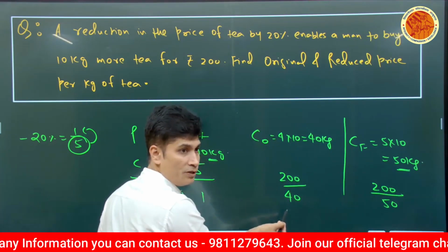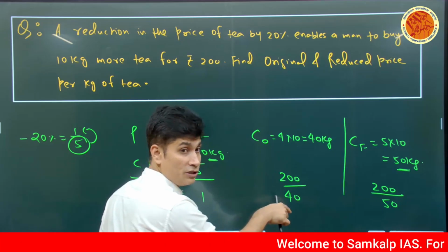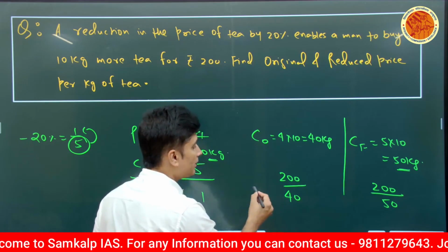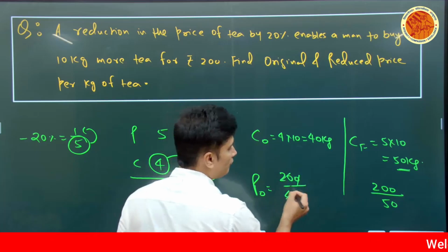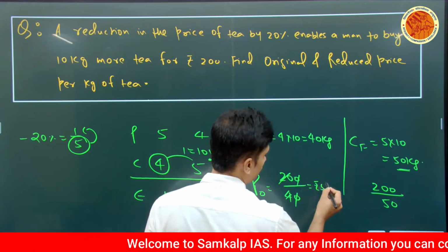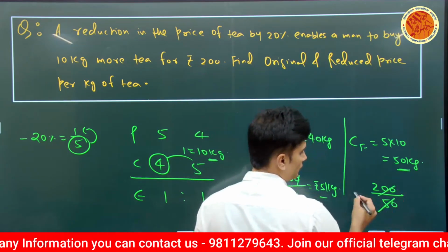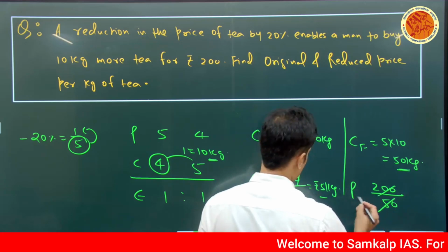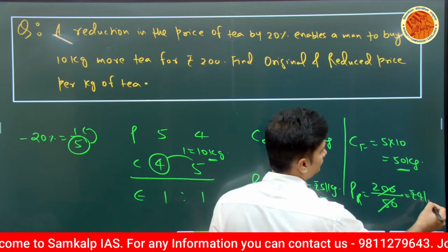When the total amount 200 is divided by the total consumption, you get the original price per kilogram, and that is 5 rupees per kilogram. And the final price, or reduced price, is 4 rupees per kilogram.